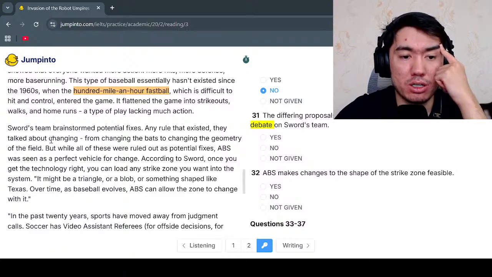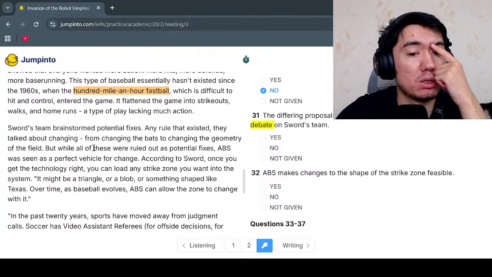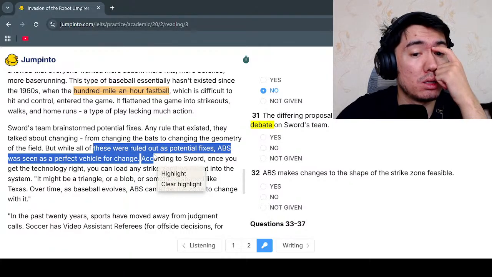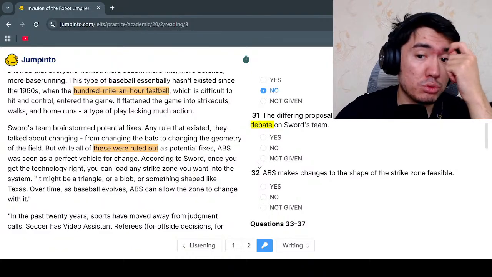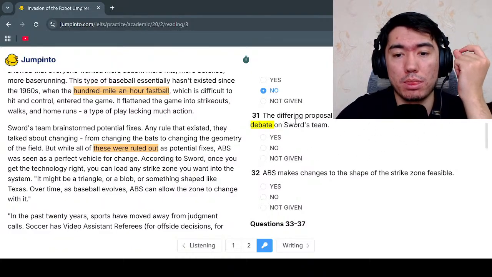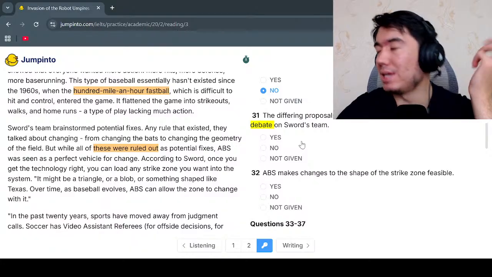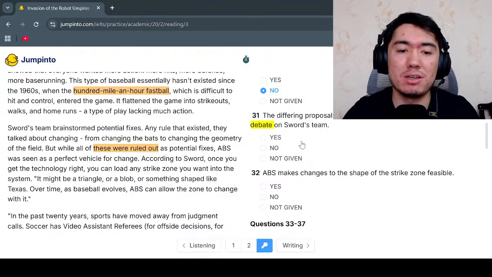They talked about changing the bats to changing the geometry. But while all of these were ruled out as potential fixes, they were all ruled out. The alterations to the baseball led to fierce debate on Sword's team. Again, this is difficult. Is it no or is it not given?